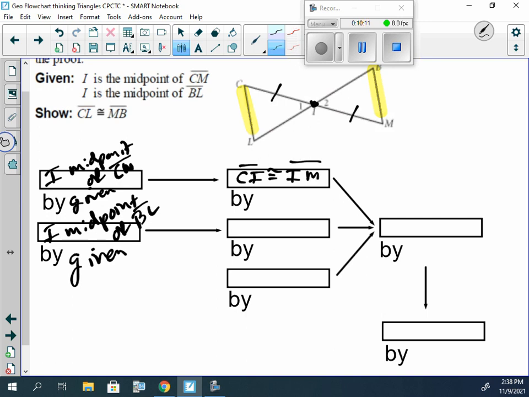These are going to be congruent. Well, for BL, it's going to cut it into two congruent segments so that we can say that LI is congruent to IB. Or we can have it flipped and say IL and BI. The order doesn't matter. The reason we knew this is because of the definition of midpoint.